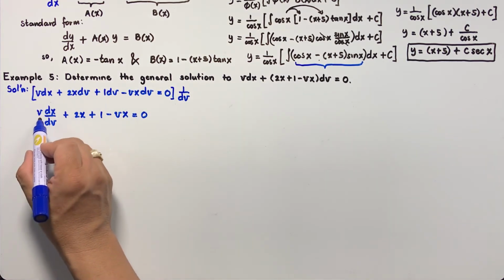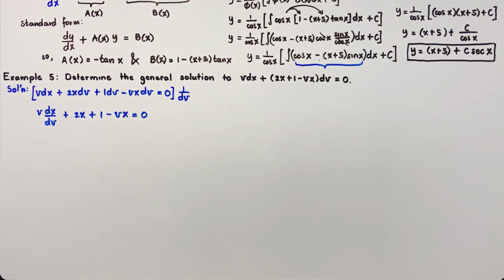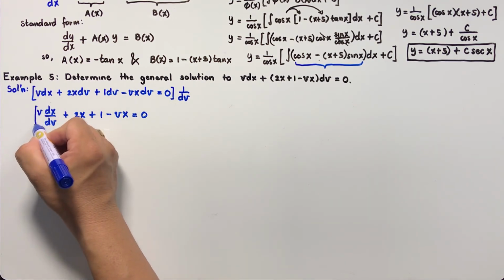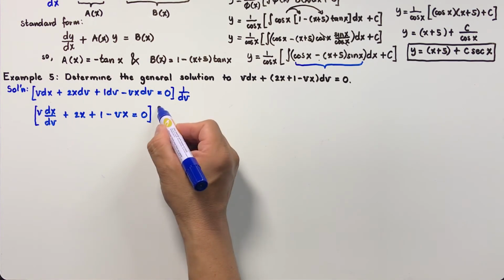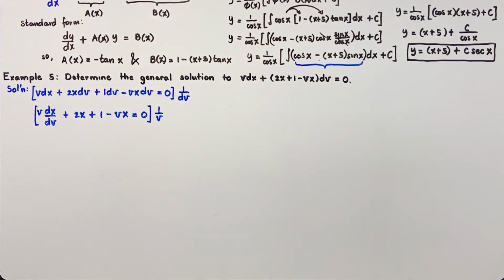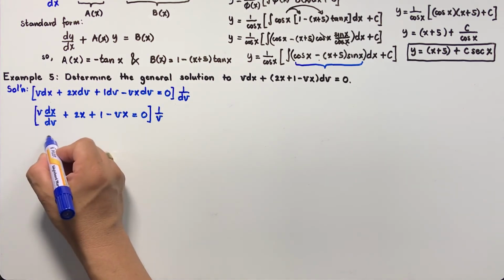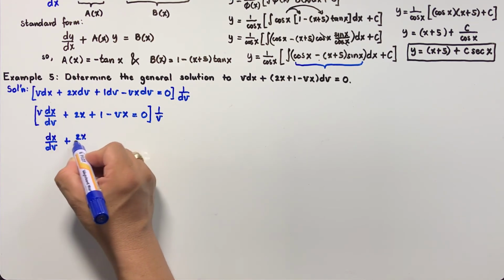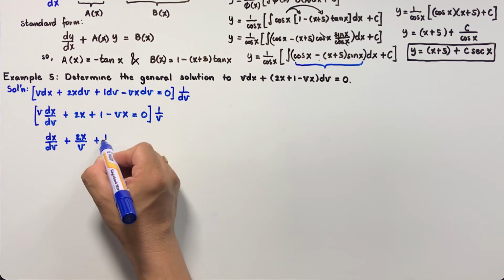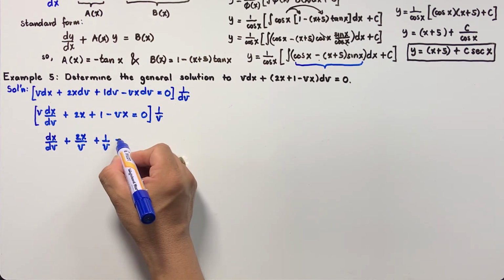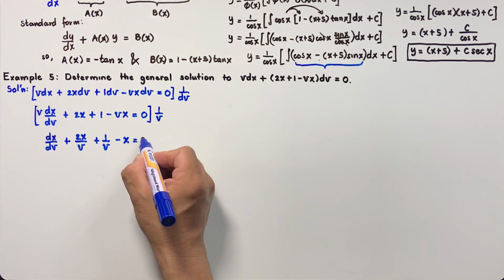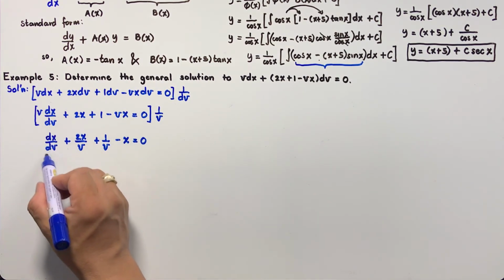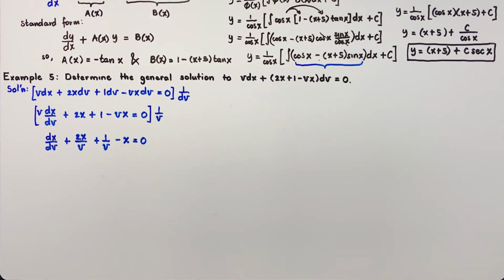But since we have a v as a coefficient of this dx over dv, we need to eliminate that v by multiplying 1 over v to both sides of the equation. So we have dx over dv plus 2x over v plus 1 over v minus x is equal to 0 here. And since this is a first order derivative of x with respect to v, then our dependent variable is x and v is our independent variable.